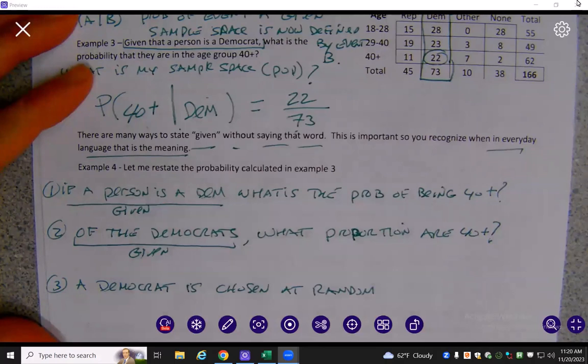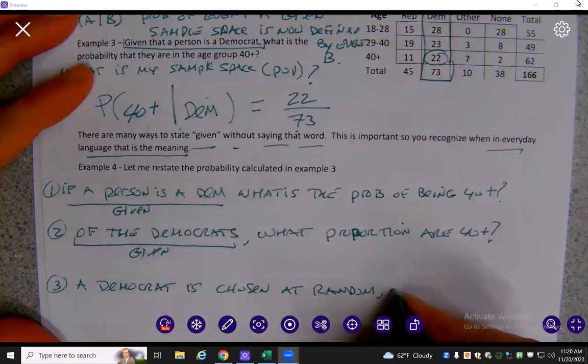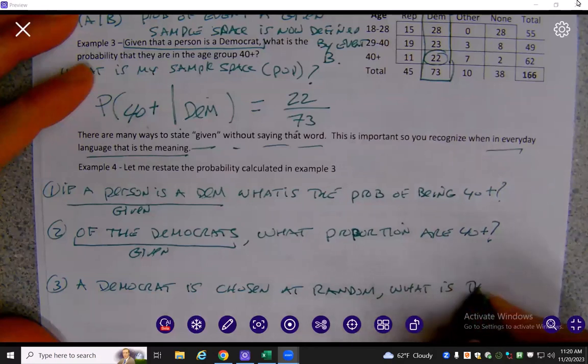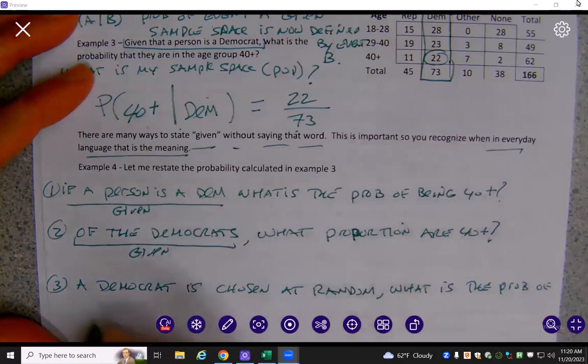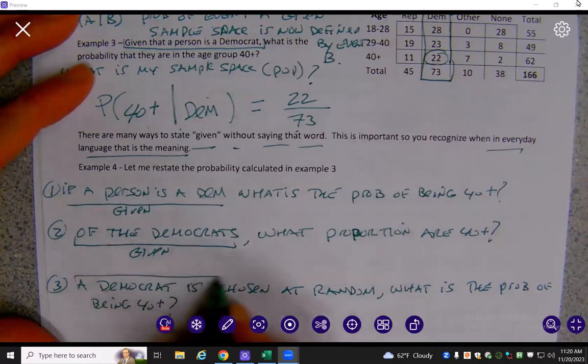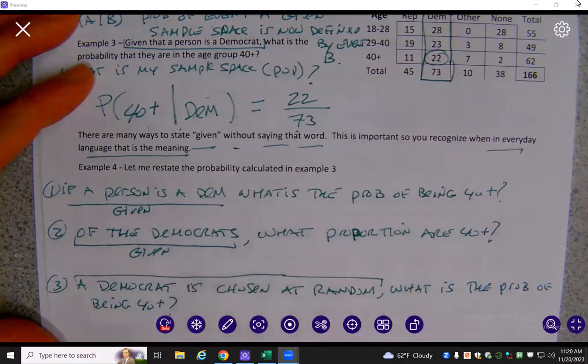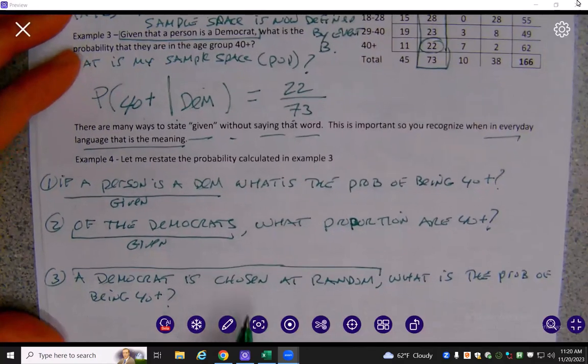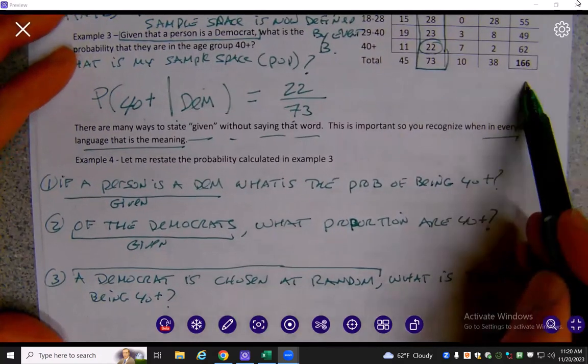A Democrat is chosen at random. What is the probability of being 40 plus? So notice a Democrat is chosen at random. When you see that sentence, does it imply that I'm dealing with all 166 people or only Democrats?